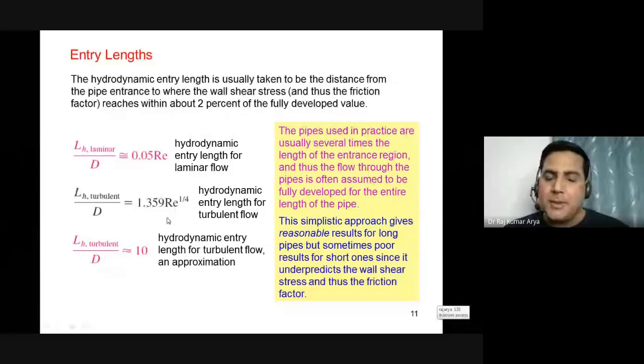So L by D equal to 10. In some books you will find 50 also. So there are no very standard characterizations for turbulent flow, but for laminar flow it is fixed: L by D is 0.05 times Re only.